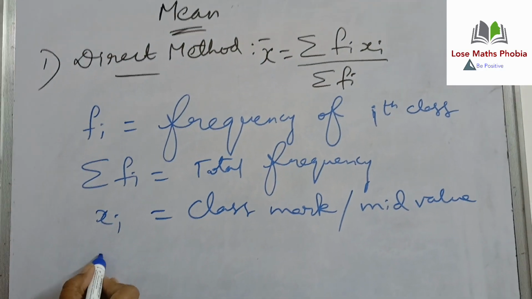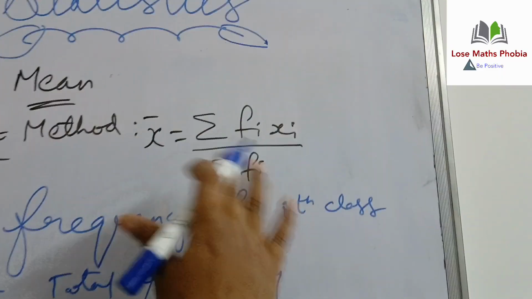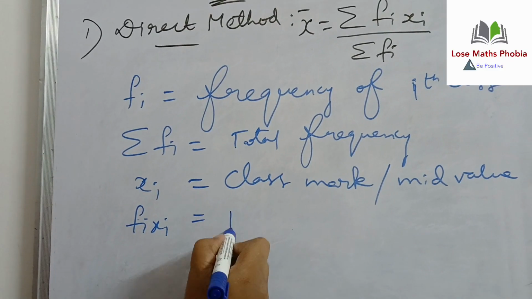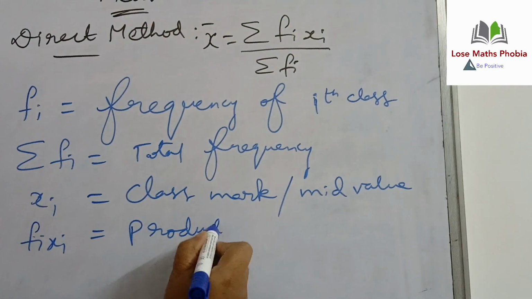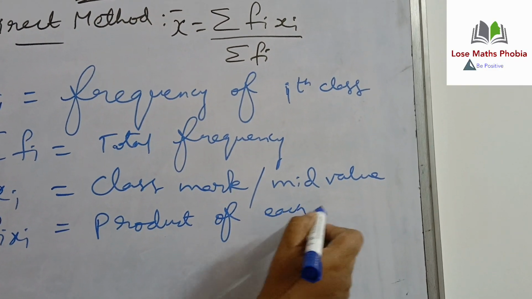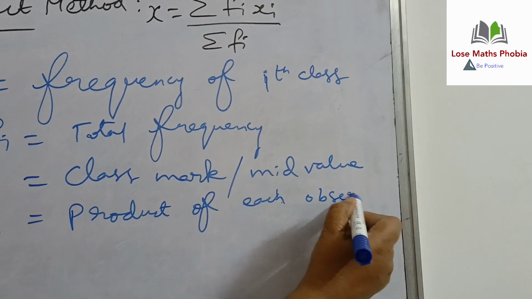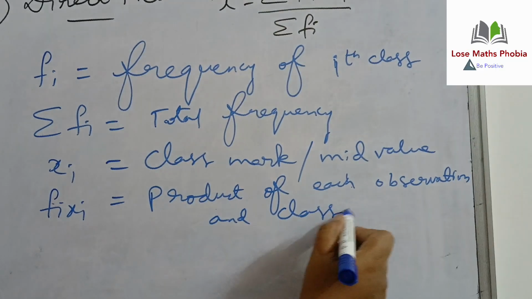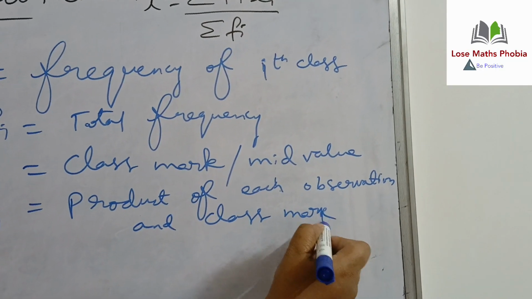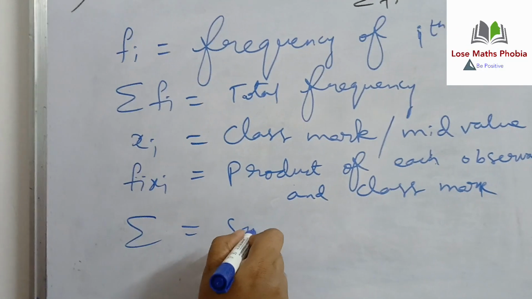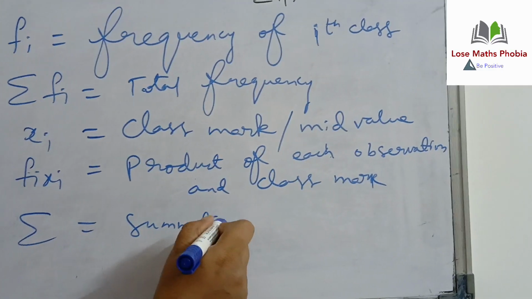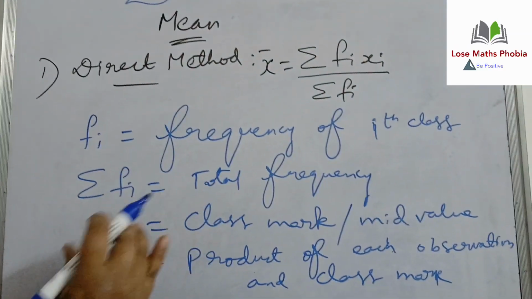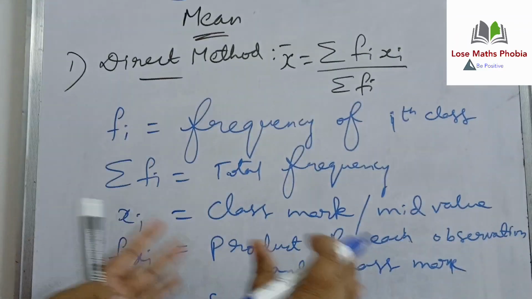And what is summation here? It means adding. Fi xi means what? The product of each observation and class mark. It is the total of whatever products we have taken for each observation and class mark.